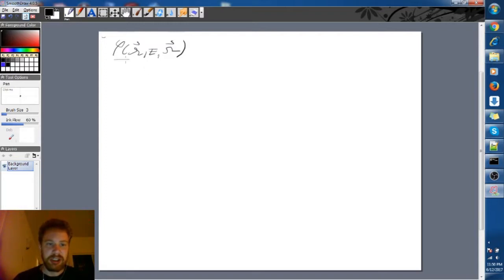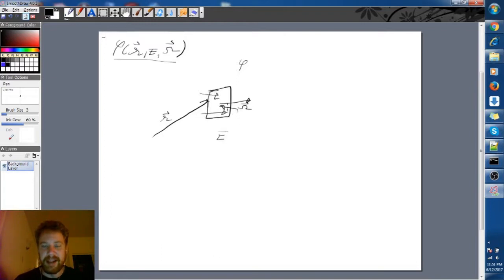The definition of the angular flux here, according to Lewis and Miller, is that if I were to draw a position vector from some origin to a position r, and then at r I were to draw a unit plane or surface area element with a normal direction omega, then what your angular flux measures here is the net number of neutrons with energy E passing through the surface. Okay? That's the angular flux.